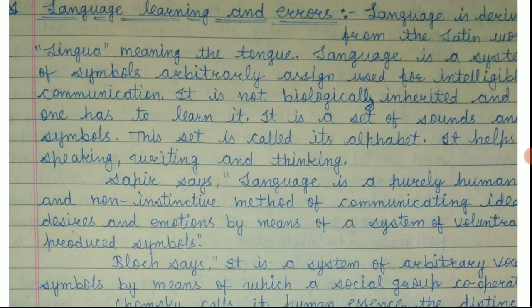So if we are learning a second language, obviously it is the language of another group. The language of my own group is my mother tongue, which I have learnt. If I try to learn a second language, it means that I will have to learn those codes, those systems which are shared by that group.